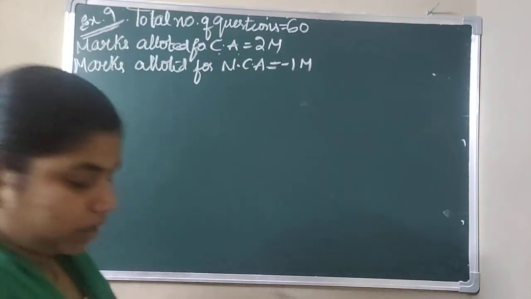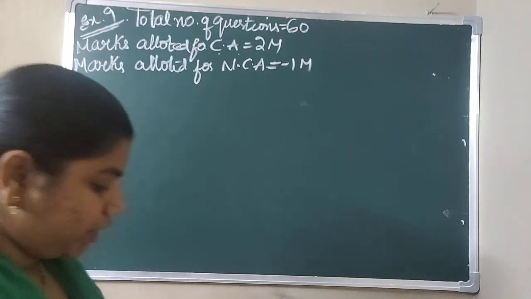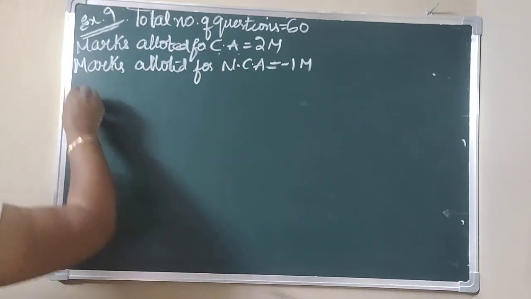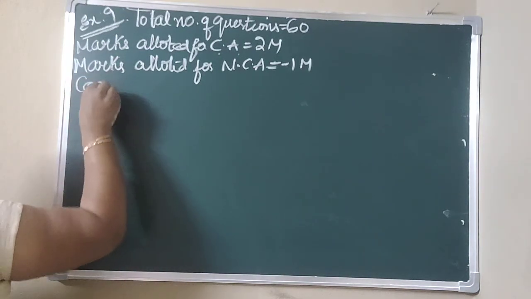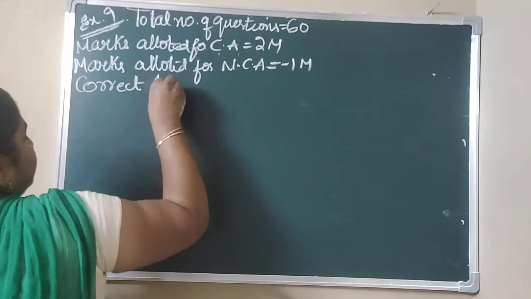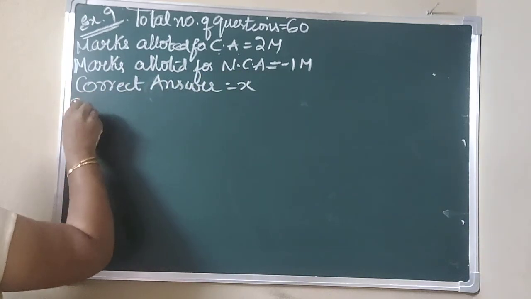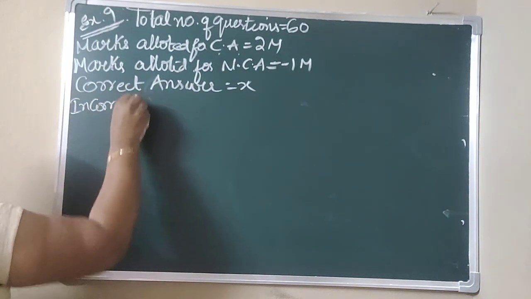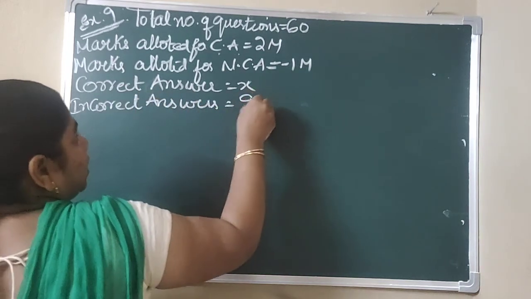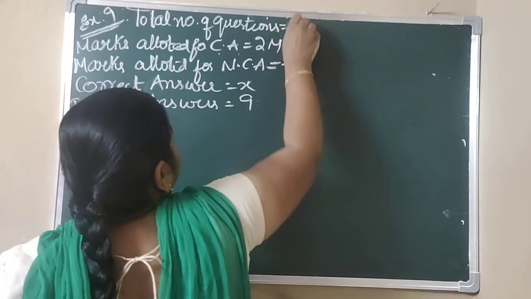So how many correct answers she wrote and how many incorrect answers she wrote, we don't know. So we are taking the correct answers as X. And incorrect answers I am taking in the form of 90 minus X, since the total number of questions is 90 here.